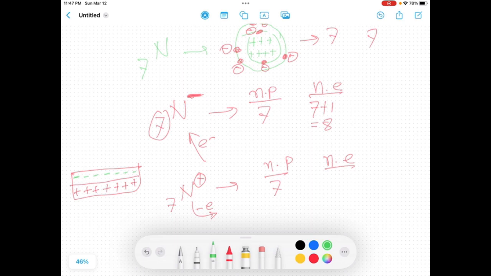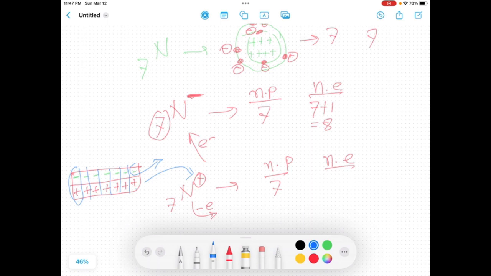Now if one electron is taken out from this atom, these pairs neutralize, but one electron is taken out, so one positive charge will be alone, and that positive charge is shown as N plus.